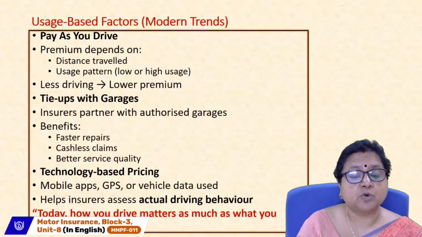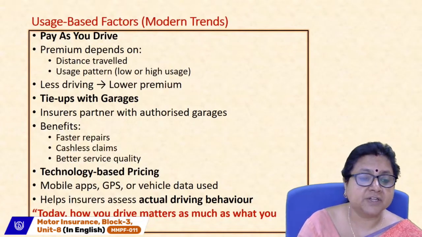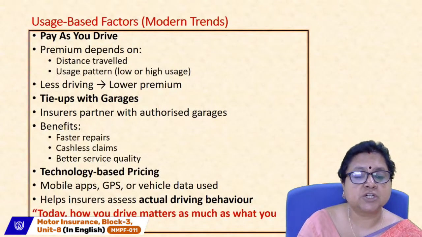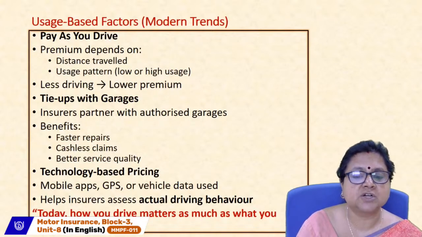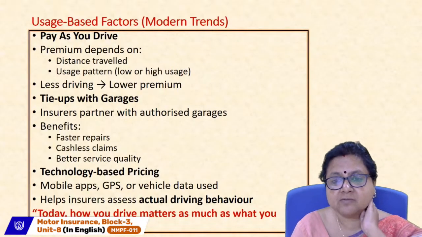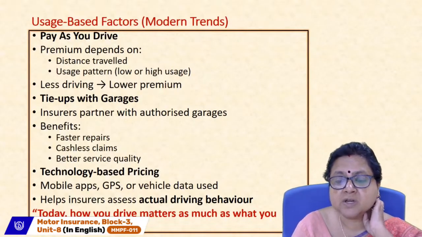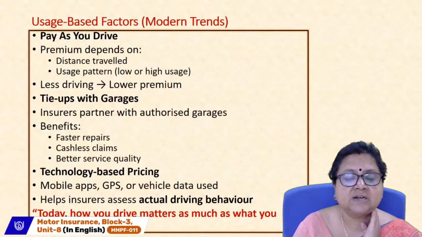And nowadays the modern trend is technology-based pricing. There are mobile apps of insurance companies, and GPS or vehicle data are used. It helps the insurers to assess the actual driving behavior, because initially there was manual cross-checking of the incidents. Whenever there is an accident, you need to prove to the insurance company that the accident was a normal thing, not something involving illegal behavior, or maybe someone in a drunken state who has caused an accident.